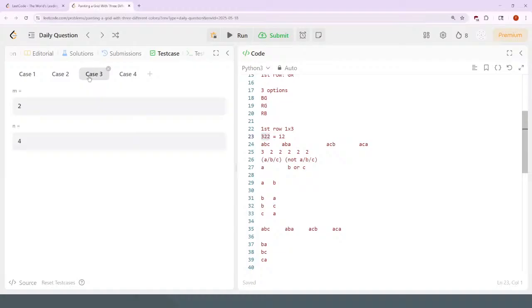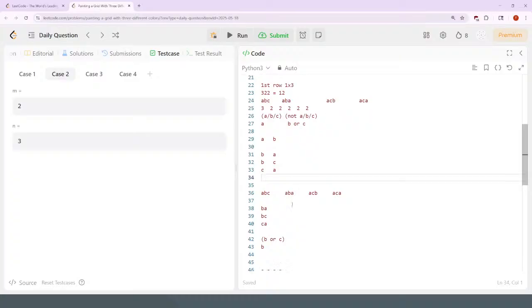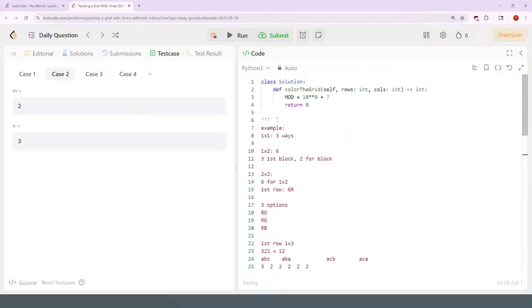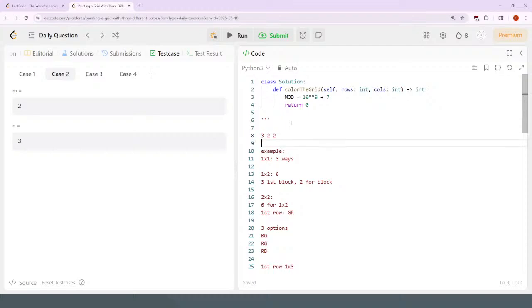So it's going to be 3, 2, 2, and then if it's a 2 by 2, you're taking this and multiplying it by like 3.